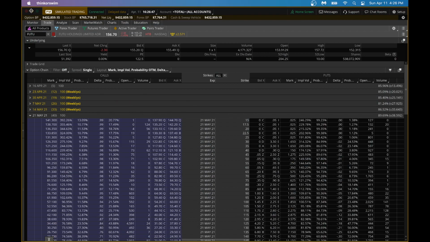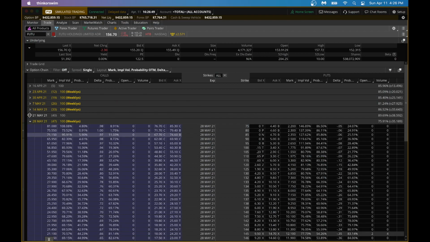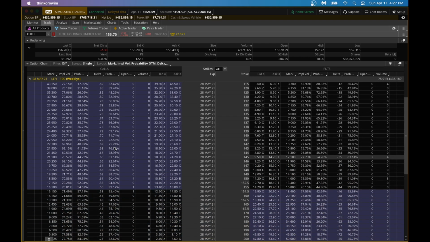So if I go to Futu Holdings here, I will look at the option chain here. I would typically choose 47, 40 to 50 days out. 47 is good enough. So by looking here, Futu is 156. I would go somewhere near, say, 20, 30 delta in this scenario. I think this could be good enough.